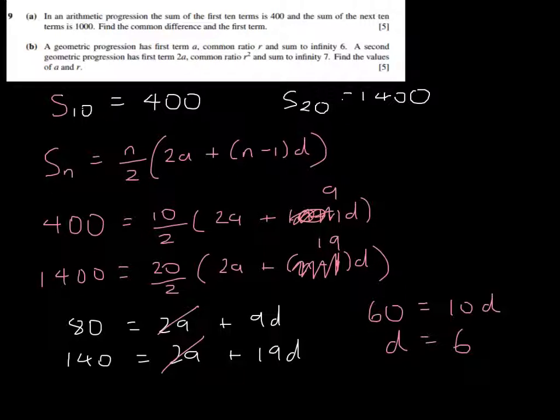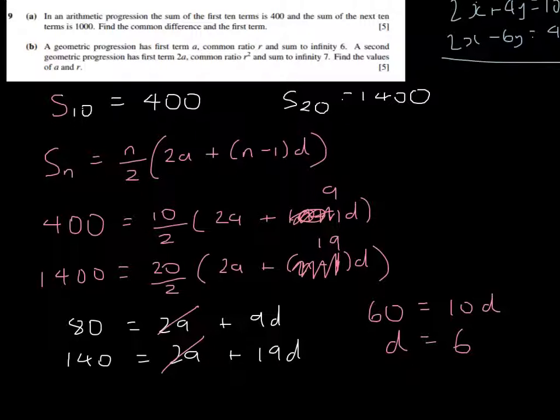I know we haven't done the elimination method for simultaneous equations for a very long time, but remember it's that whole method where if I have something like 2x plus 4y equals 10, and I have 2x minus 6y equals 4, then I can subtract down between the two systems.